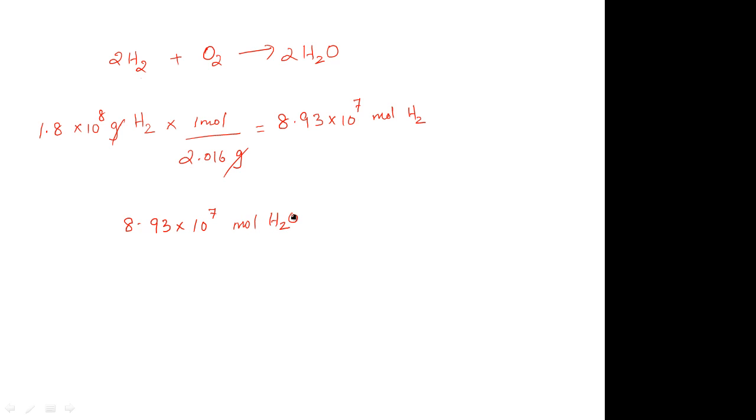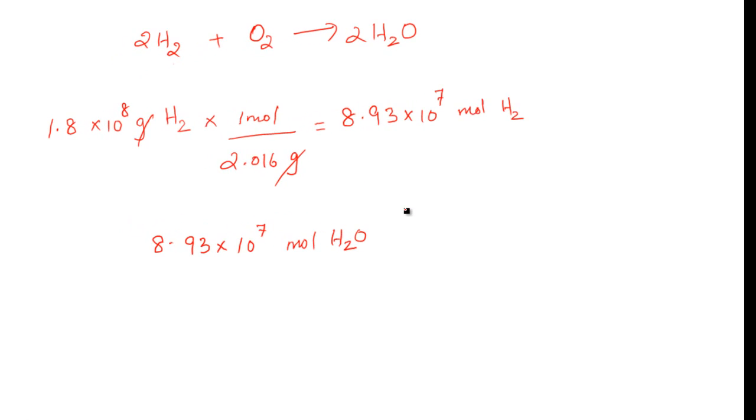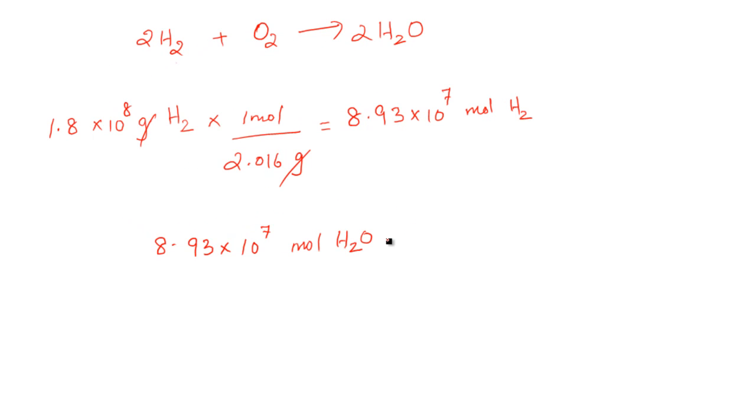Is the question asking how many moles of water? No, it was asking mass of water. So what do I need to do? Convert this to grams. What is the molar mass of water? 18.016 grams per mole.